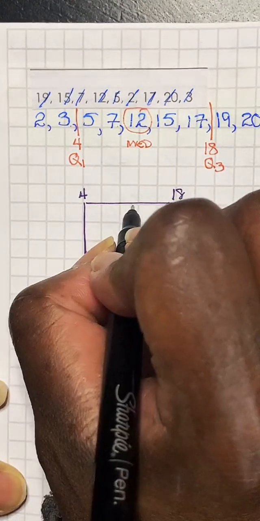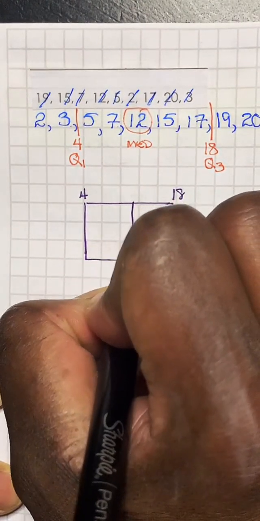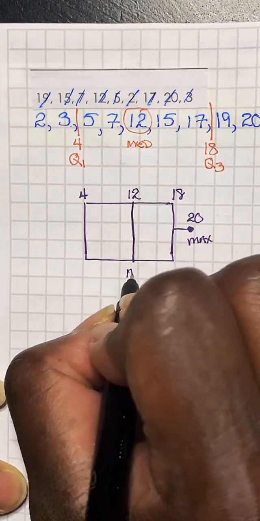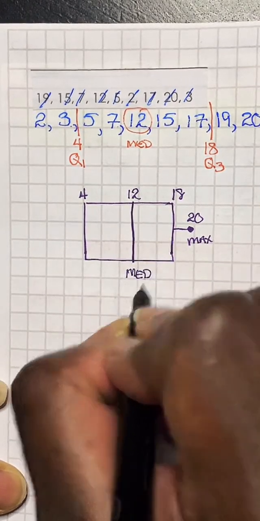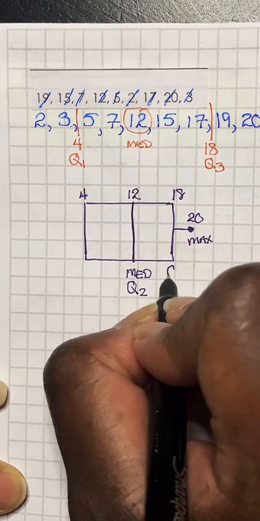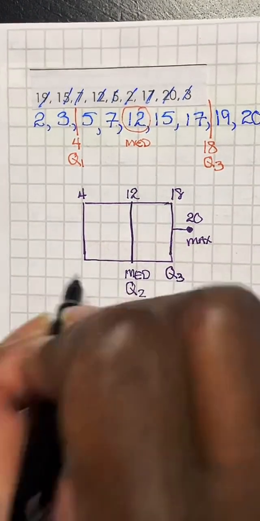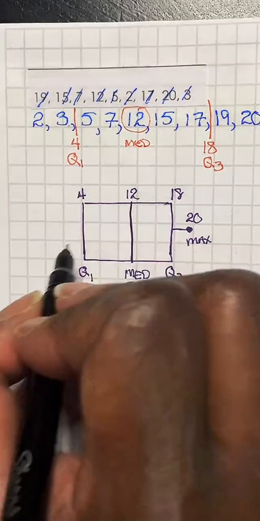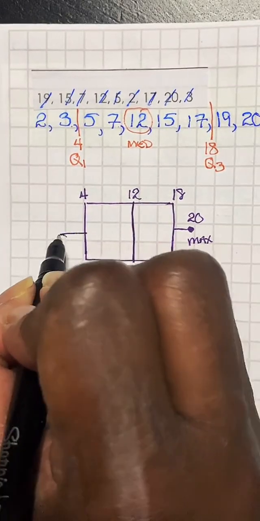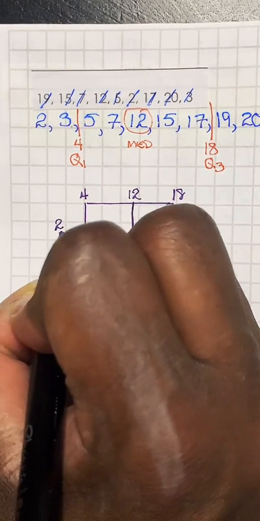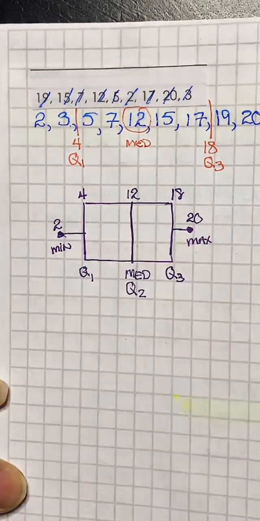And then we have 12. So 12 will be roughly here. This is my median. And sometimes the median is called your Q2. Here's our Q3 and our Q1. And then our lowest number is 2. And that's our min.